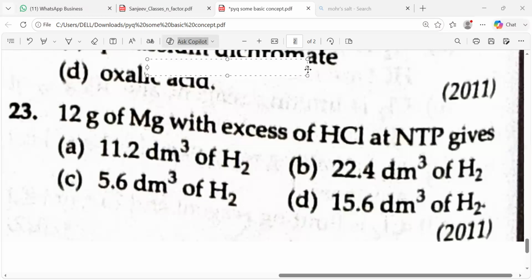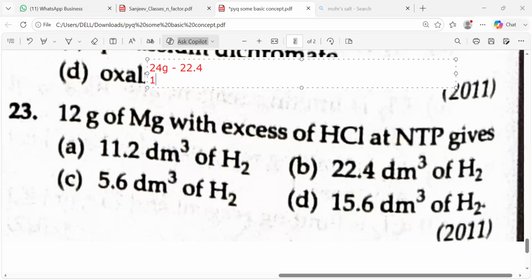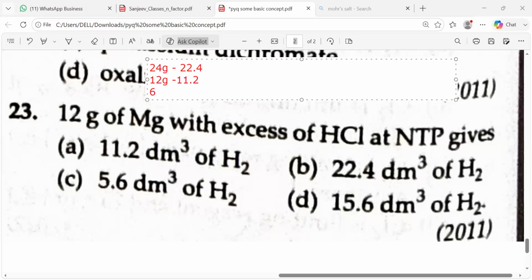Yesterday only I wrote down the shortcut. Magnesium 24 grams. And what is the standard volume? 22.4 decimeter cube. So in the question, what is it? 12 grams. 12 grams means what? 2. If it is 6 grams in the question, it is what? 5.6. And so on.